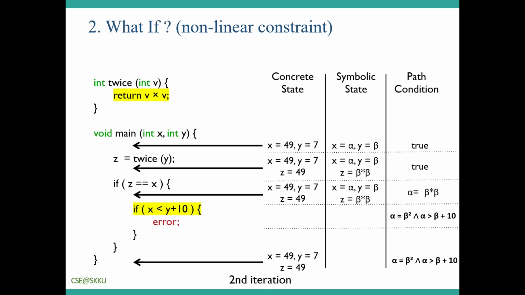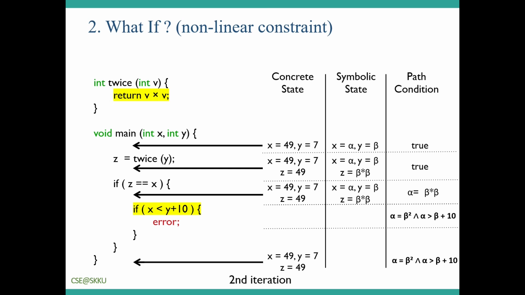As before, in concrete state, x equals 49, y is 7, and in symbolic state, x equals alpha, y equals beta, and path condition is true. And at the next line, z equals y times y, and concrete z equals 49, and symbolic z equals beta times beta.